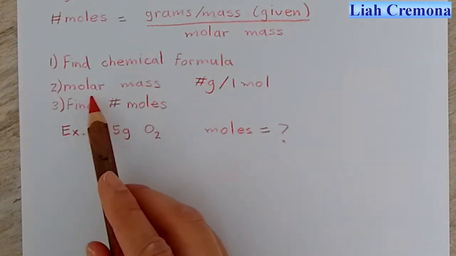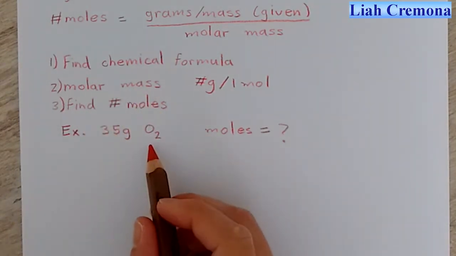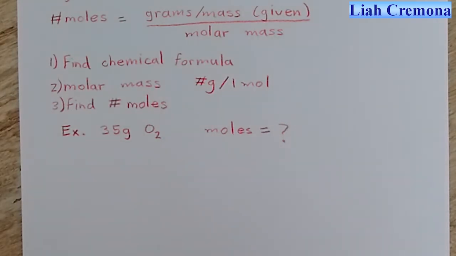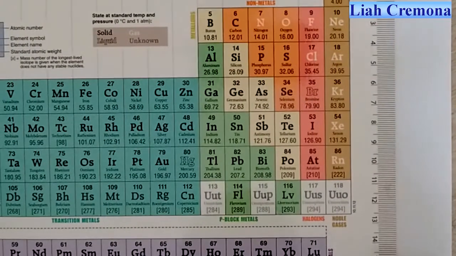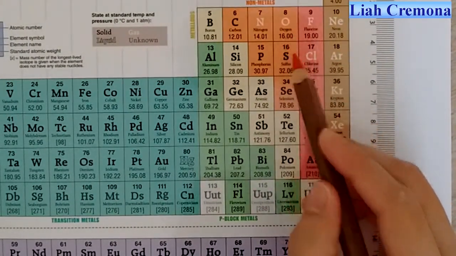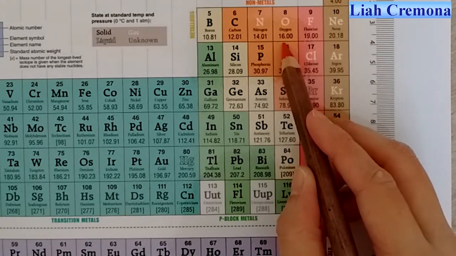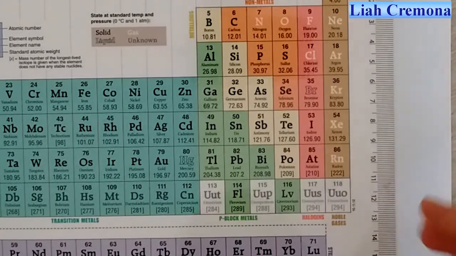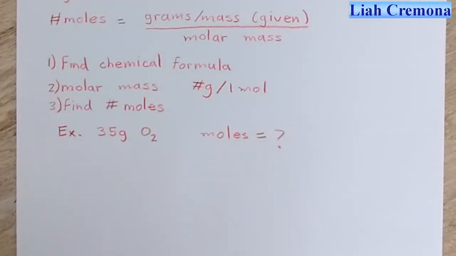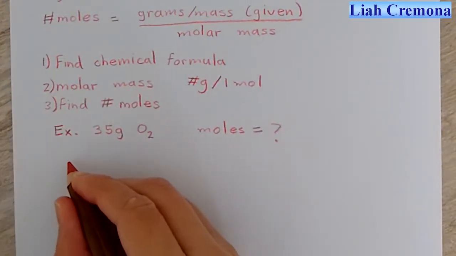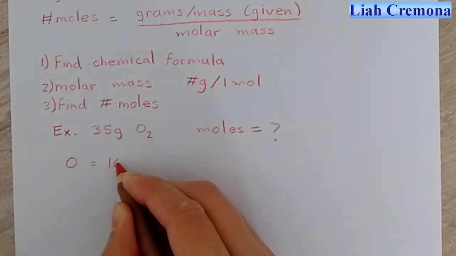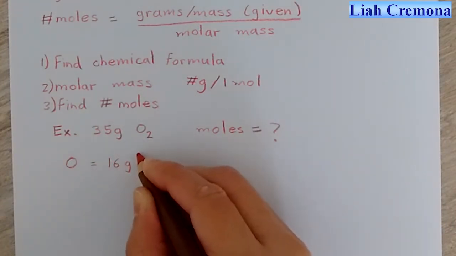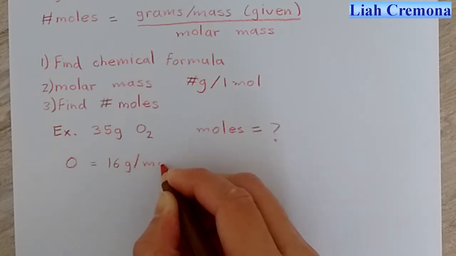Now, the next step is to find the molar mass. So the molar mass of oxygen. What we do there is we find oxygen on the periodic table, and here you can see oxygen has a mass number of 16 grams per mole. So oxygen is 16 grams per 1 mole.